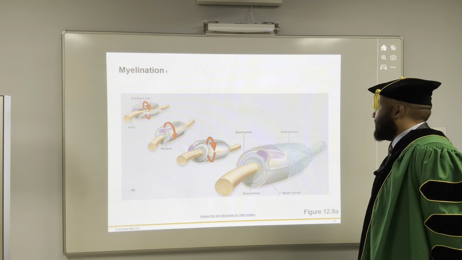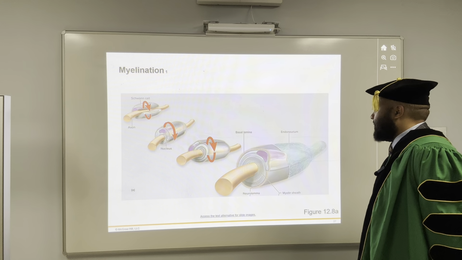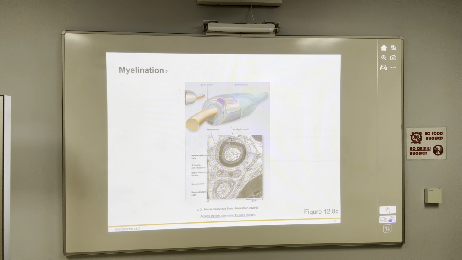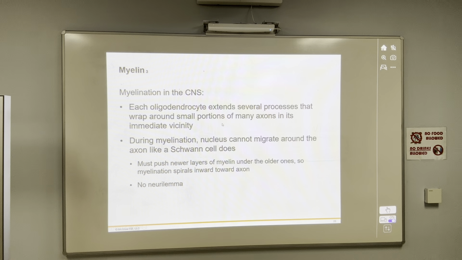Then we end up with an endoneurium and a neurolemma, and this myelin sheath encapsulates the axonal regions to mediate the speedy transfer of action potentials through the axon.